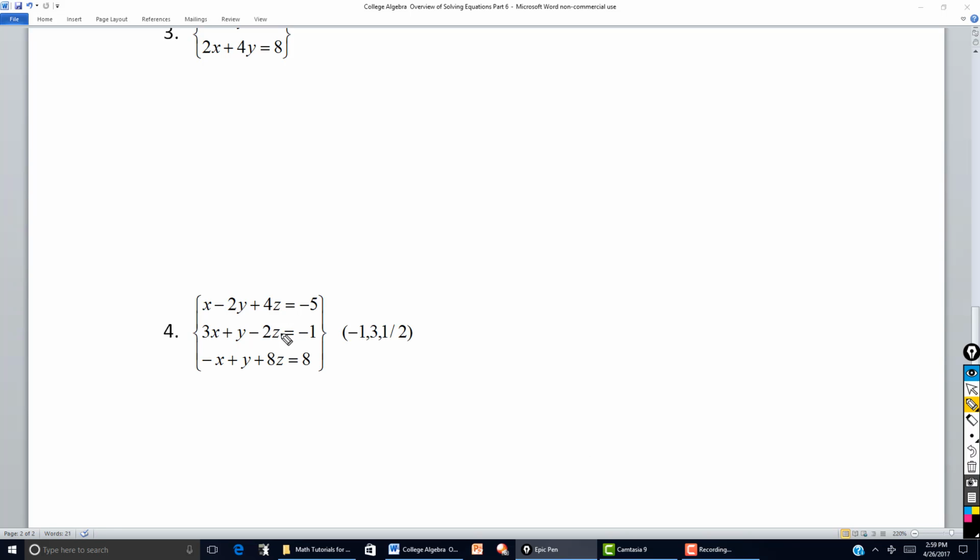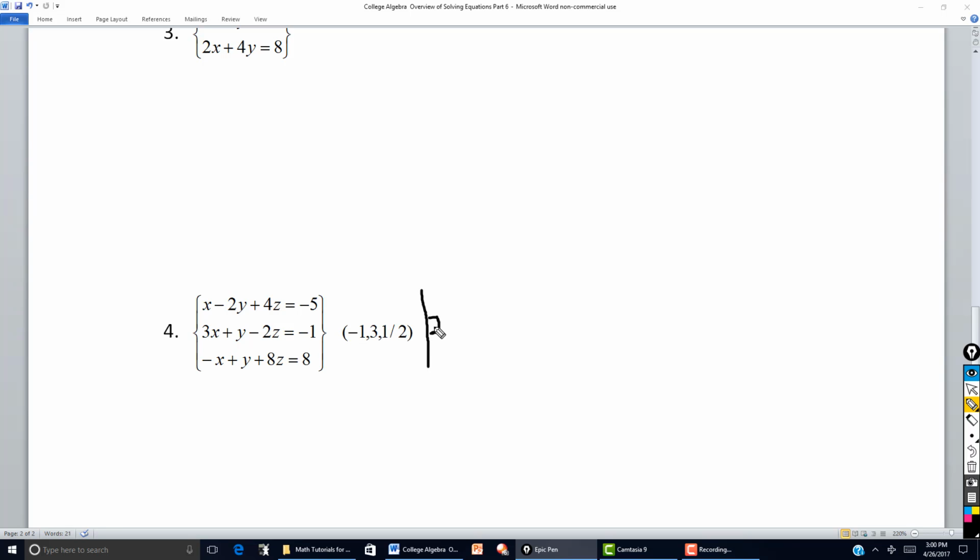the z. So what we want to do then is, the procedure generally is you take two of the equations. So I'm going to take the first and the second and eliminate one of the variables. And you can choose whichever one you think is easier. So I'm going to eliminate the z from the first two. So I'm going to multiply the second equation by 2 and then add the 2. And notice what's going to happen.